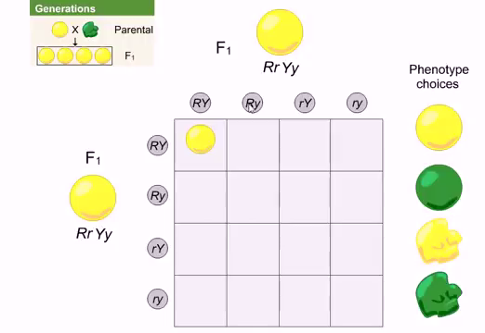In the third case we have capital R small r, again dominating Y is there, so the result will be round and yellow. In the fourth case we also have R and Y. Again in this case, R, R, capital Y is there, so round and yellow. In this case both of the R is there, so round, and no capital Y is there, so the answer will be green. So round and green will be the answer.